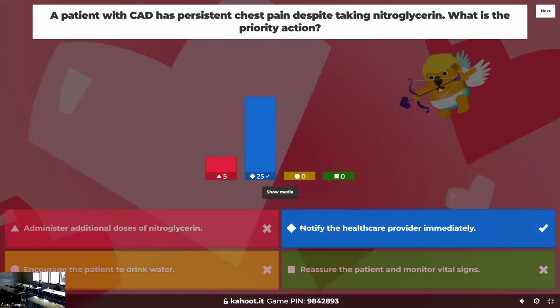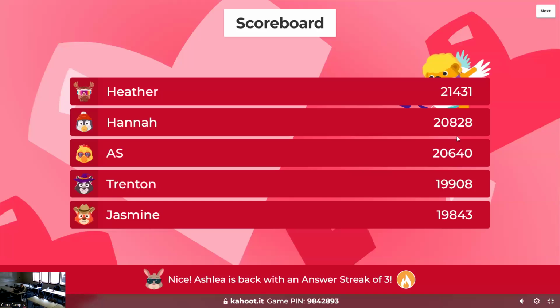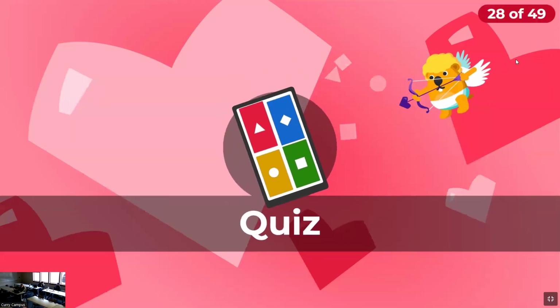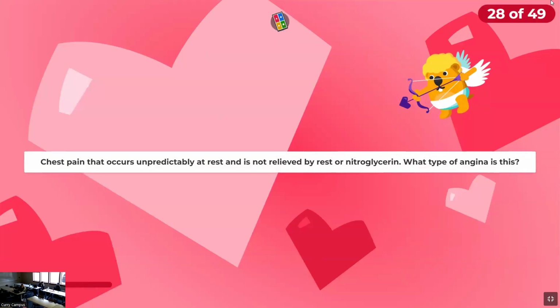Good. Yeah, we don't really want to administer more nitroglycerin. We don't want to drop their blood pressure too low. And I think we're going to skip a few more of the CAD ones after this one.